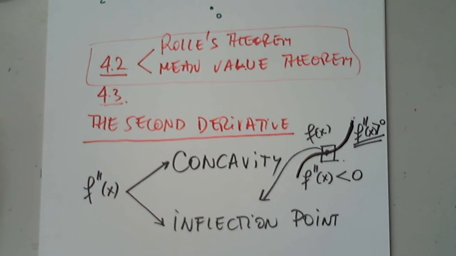Okay, so I would like us to choose this time a user-friendly function, something that we can follow step by step. Here it says find the intervals of increasing, decreasing, and local max, local min. This is what we just did, from 4.1.